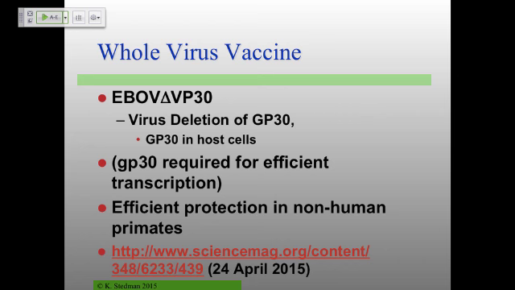So that virion has a genome that's packaged with VP30 because that came from the cell it was growing on. But the genome has no VP30 in it. So it will infect. It infects perfectly normally because it's got the regular GP proteins on it, everything else. And then it tries to make its messenger RNAs. It can't. It gives really good immune responses and has worked really well so far in non-human primates.